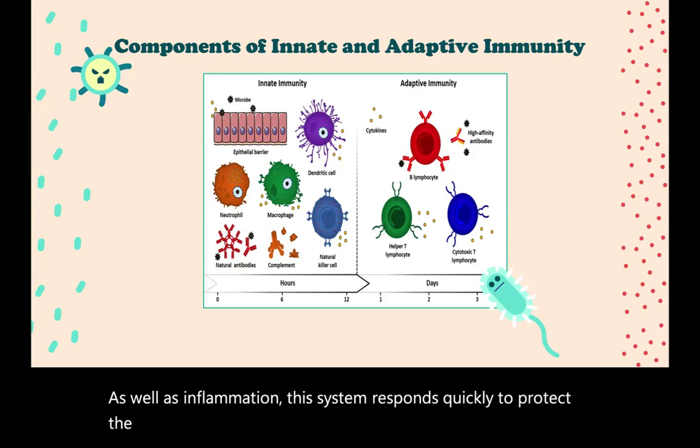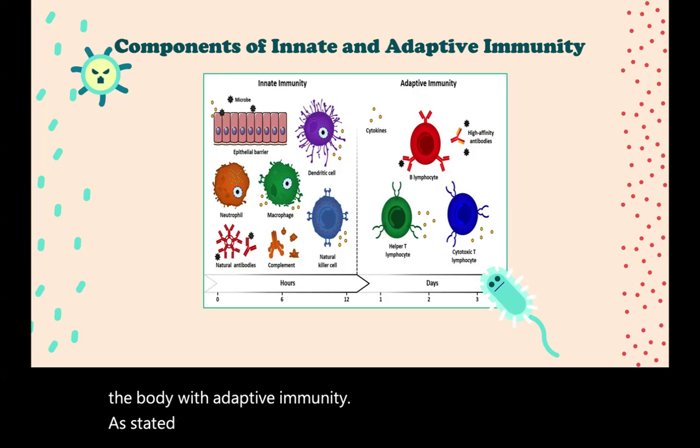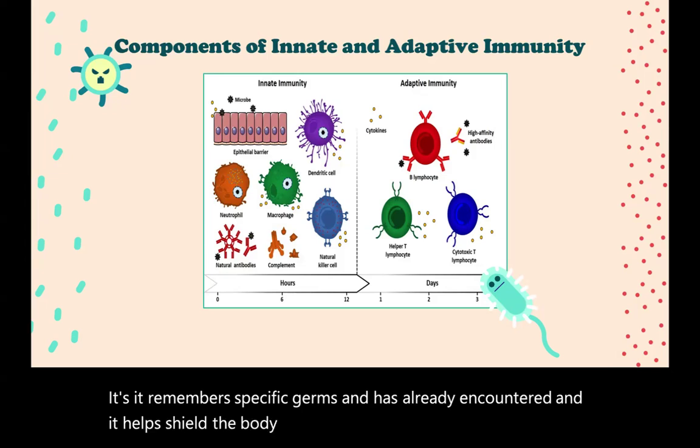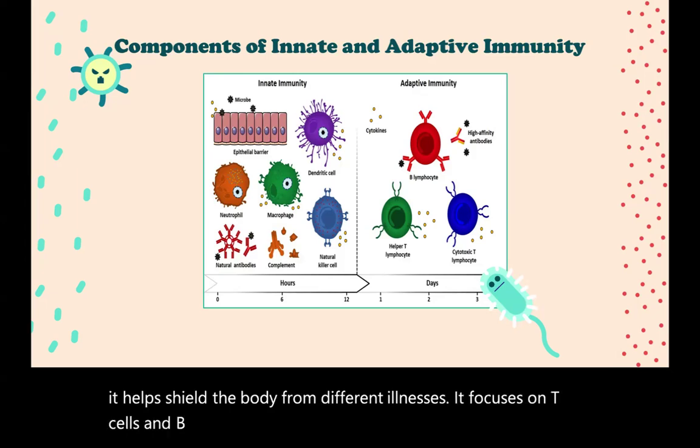With adaptive immunity, as stated before, it remembers specific germs it has already encountered, and it helps shield the body from different illnesses. It focuses on T cells and B cells, which are among the other cell types involved.